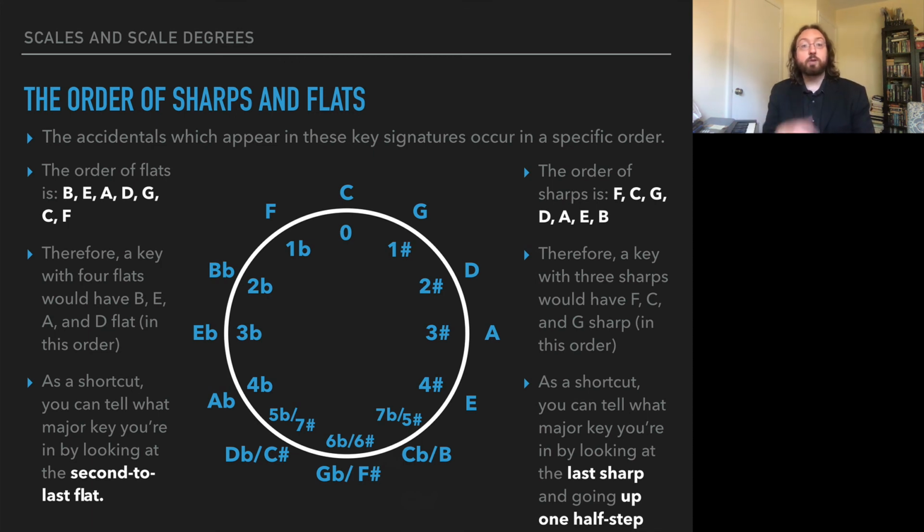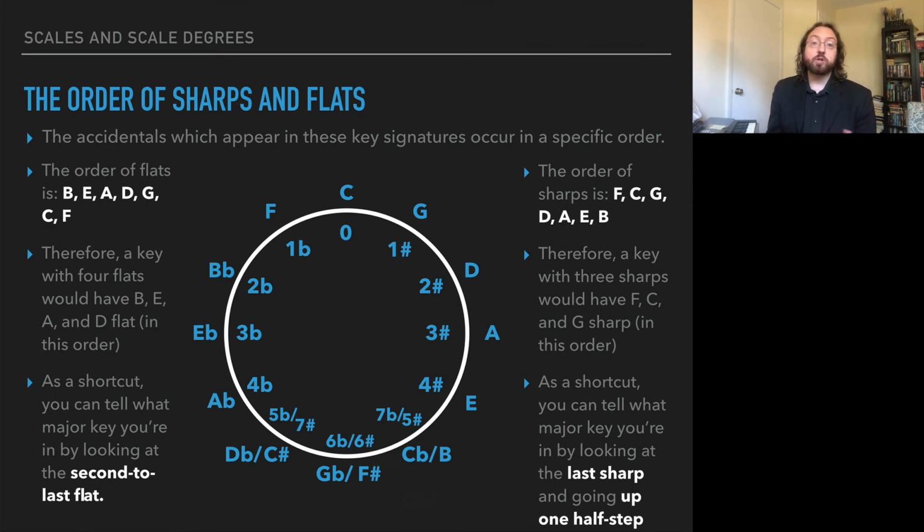If we go over to the right side, we'll talk about the order of sharps, which is F, C, G, D, A, E, and B. You'll notice that the order of sharps is the order of flats just backwards. So therefore, a key with 3 sharps would have F, C, and G sharp in that order.